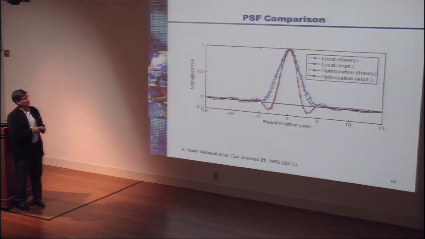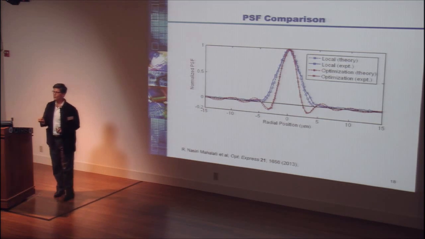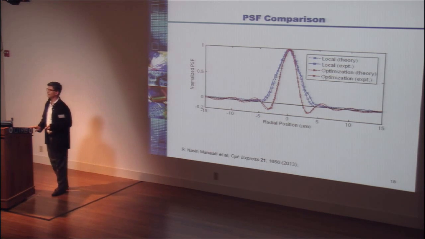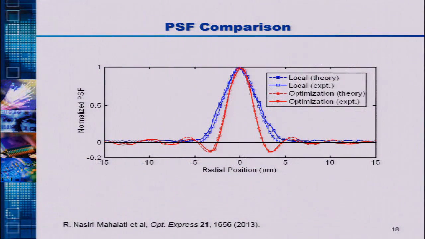And when you do the optimization-based reconstruction, the point spread function is a coherent Airy disk, but it corresponds to a fiber with twice the numerical aperture. So what we're doing basically doubles the resolution. This is what we observed experimentally: the resolution goes from 0.6 lambda over NA to 0.3 lambda over NA.